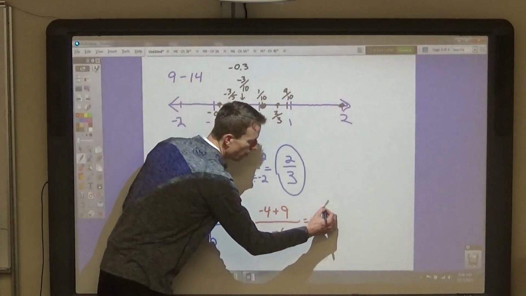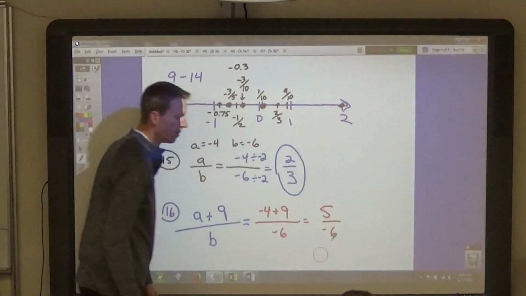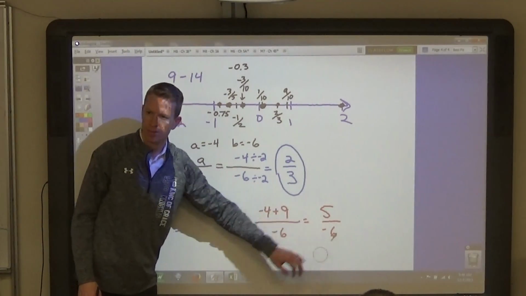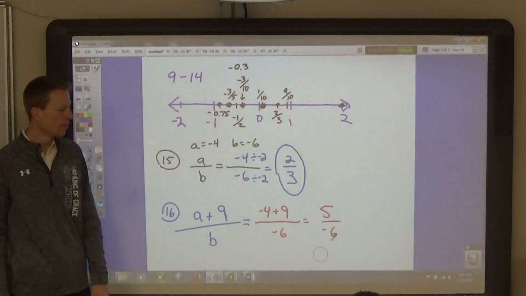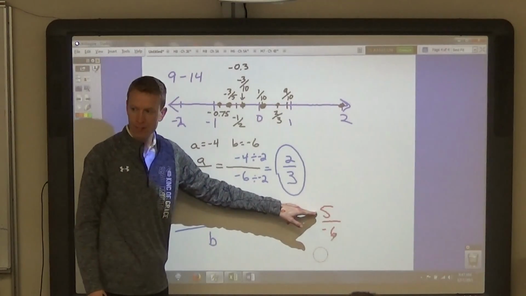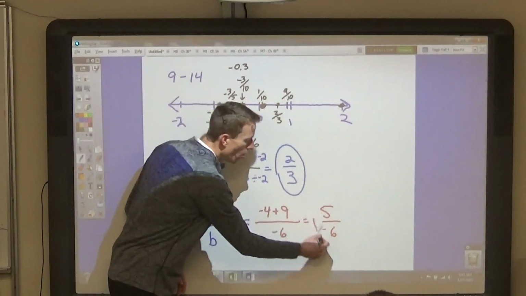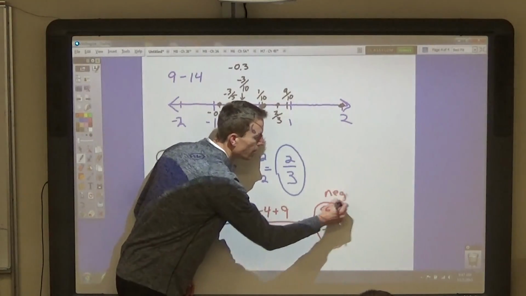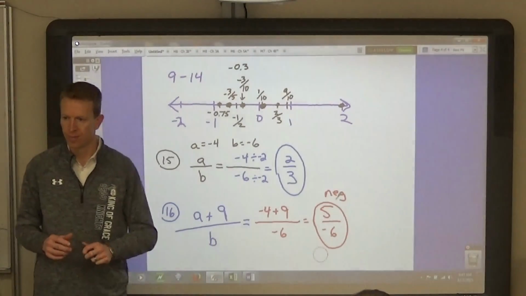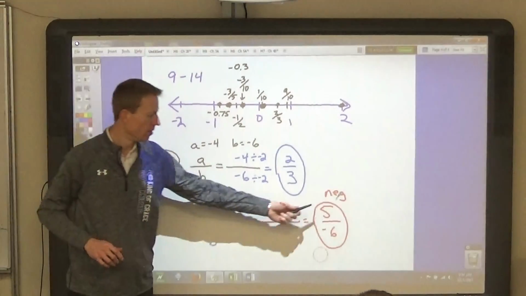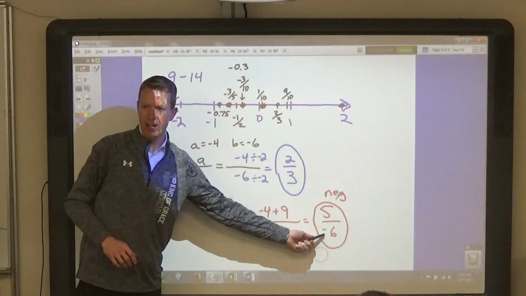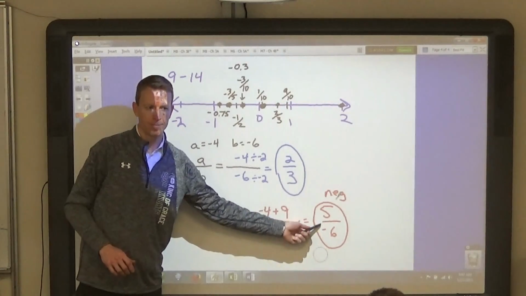Yep. 5 over -6. Where could we put the negative sign on this one? We could put it anywhere. We could put it in front of the whole thing, in front of the 5, or in front of the 6. The whole thing is negative. So it doesn't matter where the negative sign goes, it makes the whole fraction negative. That's really important for later. This is a negative fraction. It's not just a negative denominator, it's a negative fraction. Okay?